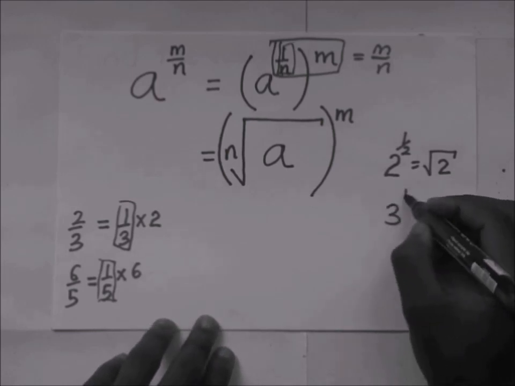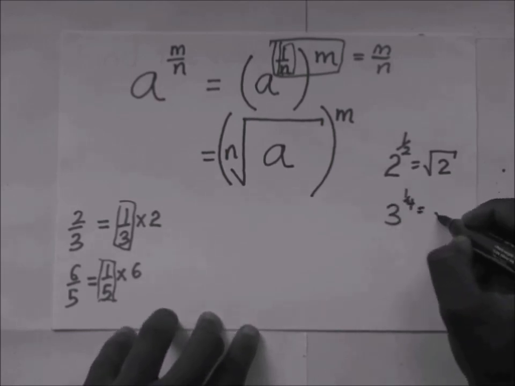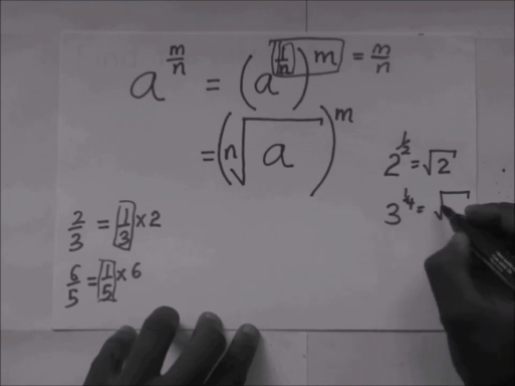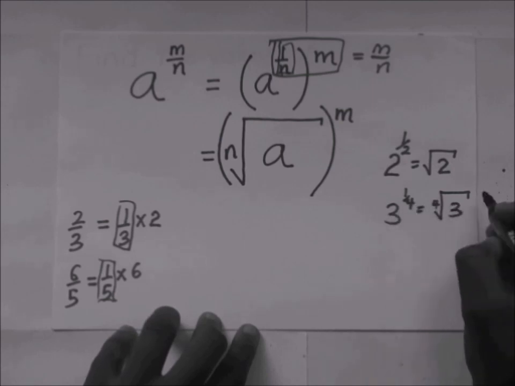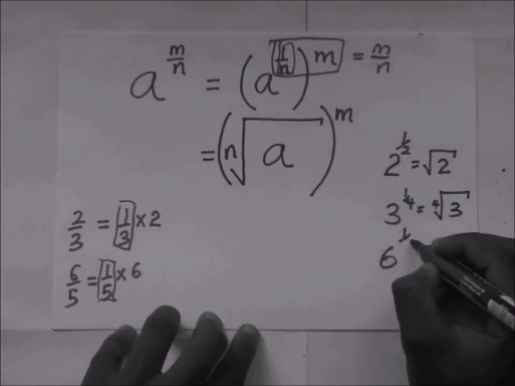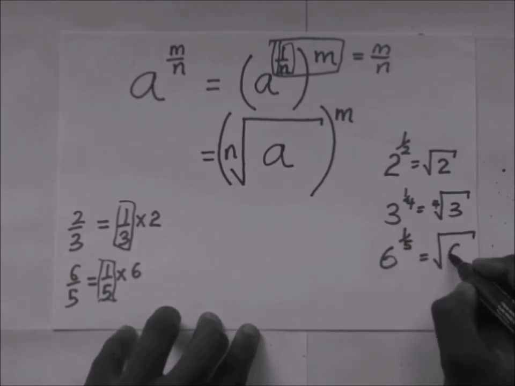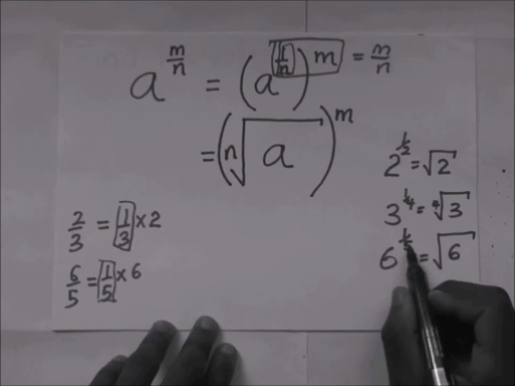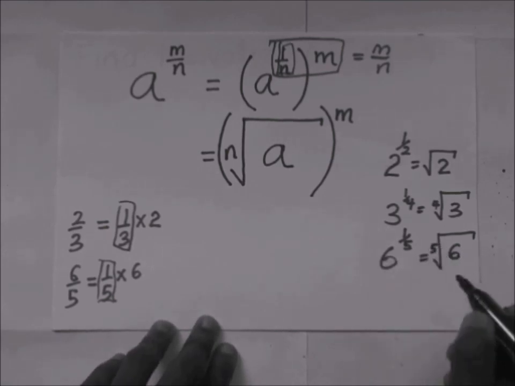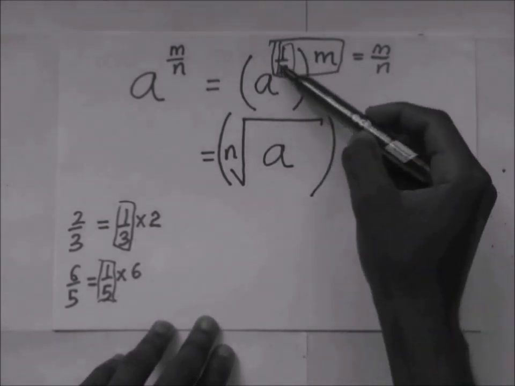If it is 3 to the power a quarter, this is the same as the fourth root of 3. If it is 6 to the power 1 over 5, it is equivalent to the fifth root of 6. That is what 1 over n means.